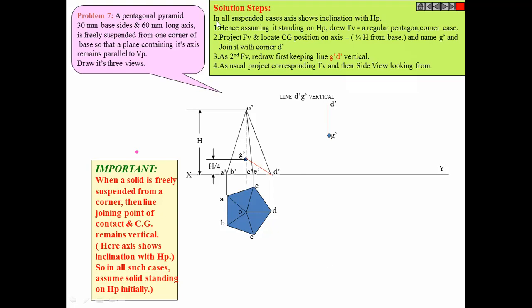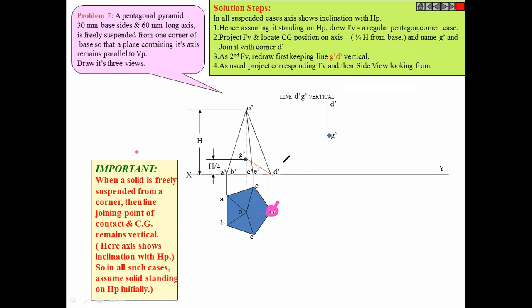It is suspended from a corner. Okay, it was my mistake; I was assuming that it is pointed on a corner. No, it is picked up from this corner with the help of a thread. So the line joining this corner, which is tied to the thread, and the CG will remain vertical. So automatically you can regenerate the whole problem.